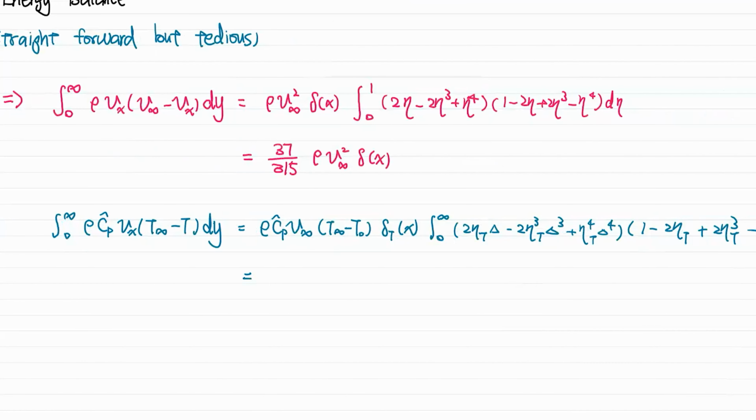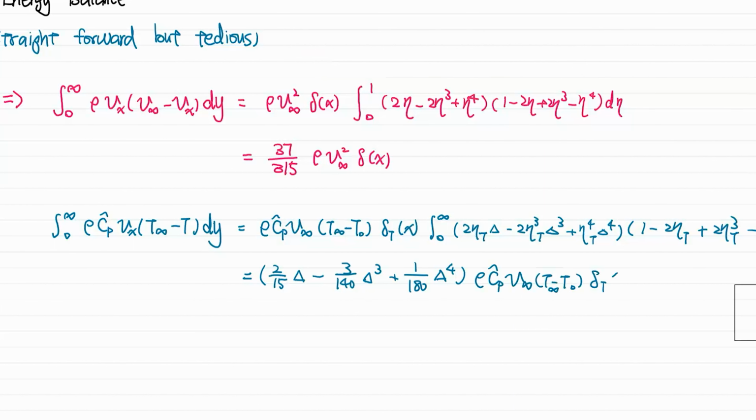So this now equals 2 over 15 delta minus 3 over 140 delta cubed plus 1 over 180 delta to the 4th power, times rho Cp V infinity (T infinity minus T naught) times delta T of x.